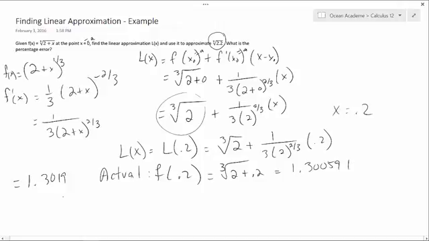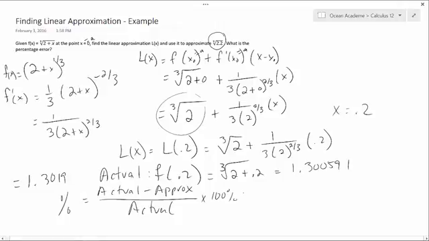Now, in order to find our percentage error, we take our actual value minus our approximation divided by our actual multiplied by 100%.